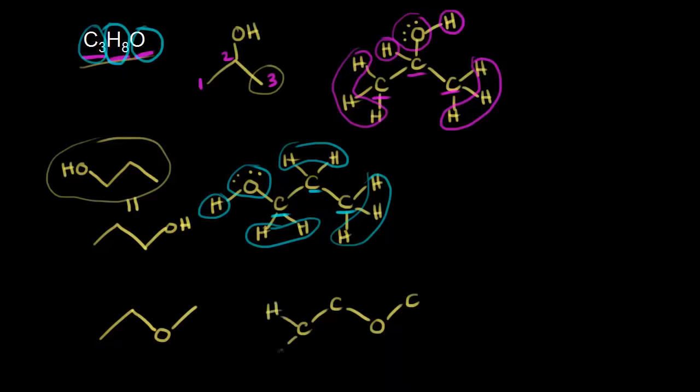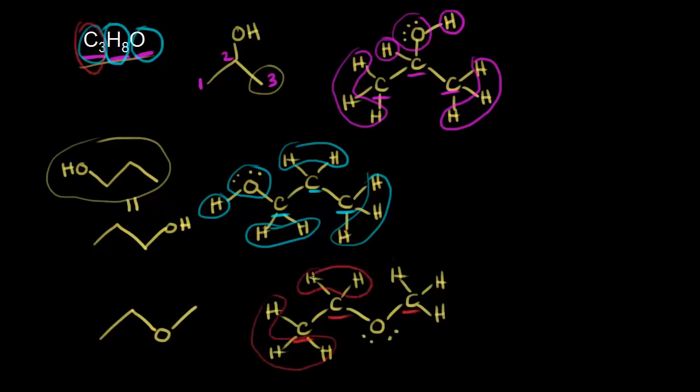So there'd be 3 on this carbon, there would be 2 on this carbon, there would be 3 on this carbon, and I could put in lone pairs of electrons on the oxygen like that and count everything up. So we have 1, 2, 3 carbons, so that's C3. We have 3 hydrogens, plus 2 is 5, plus 3 is 8. So we have the H8, and then of course the 1 oxygen. So this is another structural isomer.